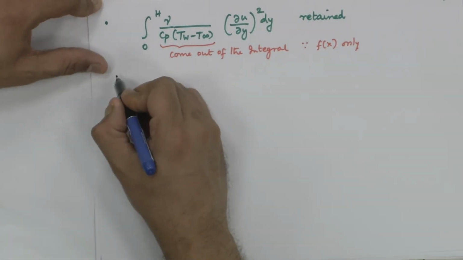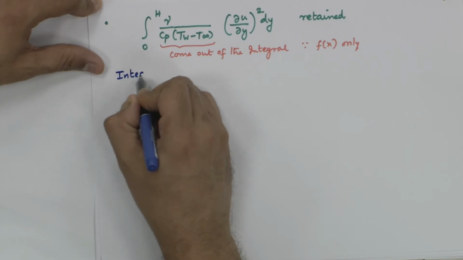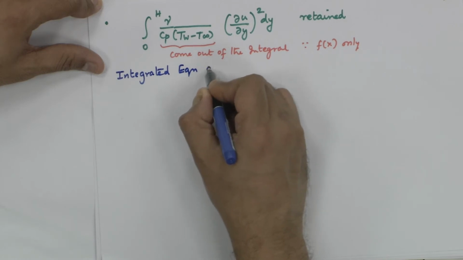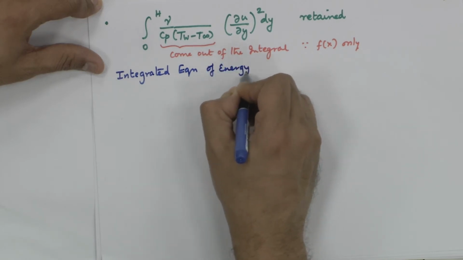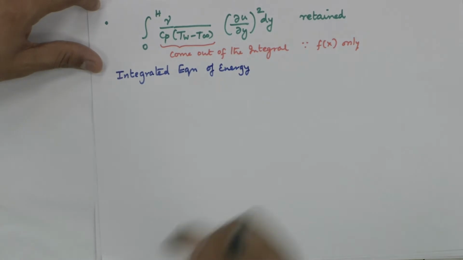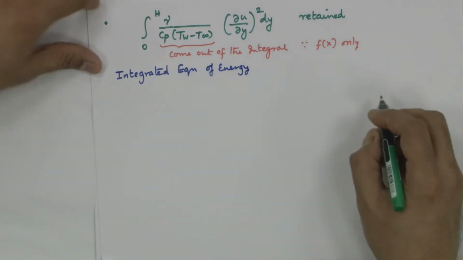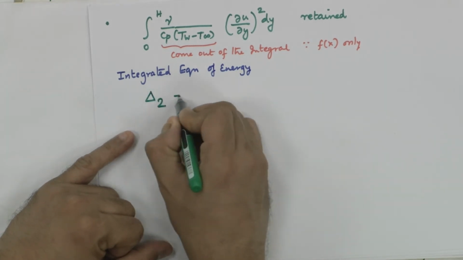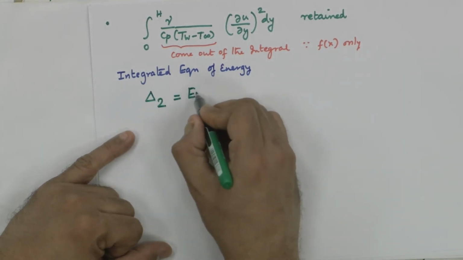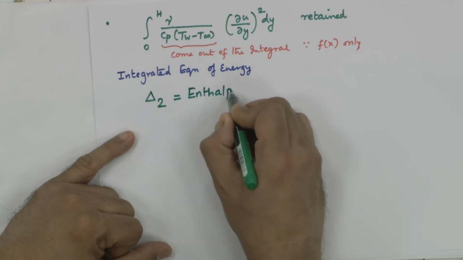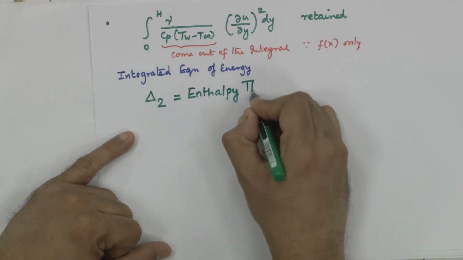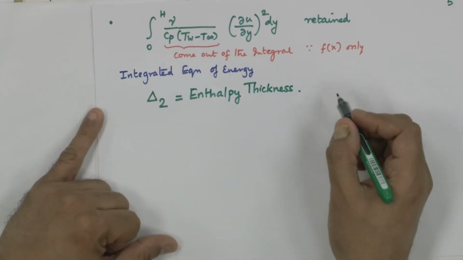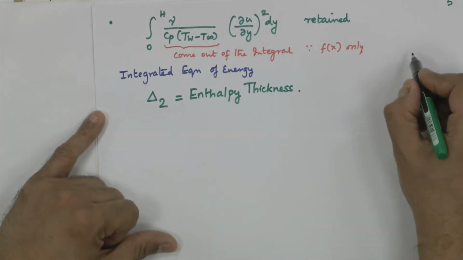Okay. Now, I put all the terms together. Integrated energy equation is what I want to write. Recall, I am not sure whether I mentioned in the last module, we have to define an enthalpy thickness, delta 2, which is called the enthalpy thickness. This is analogous to displacement thickness or momentum thickness, which represents the effect of the presence of a boundary layer.